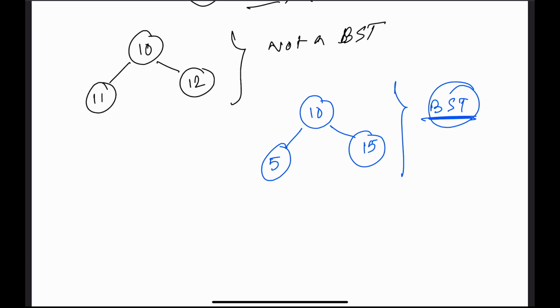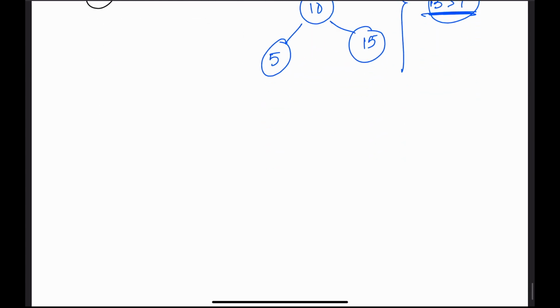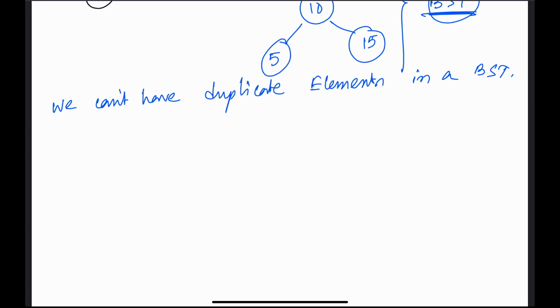We have assumed that all the keys of a binary search tree are distinct. Normally we can't have duplicate elements in a binary search tree, although there can be binary search trees with duplicates.